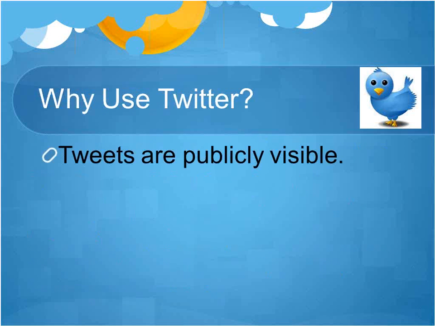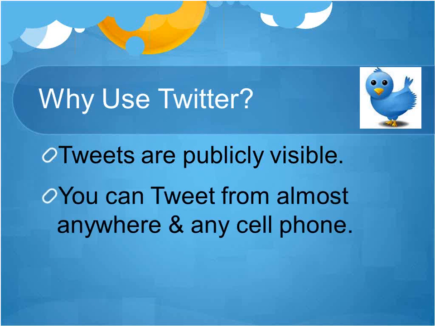Why use Twitter? Online, your tweets are indexed by search engines. They're publicly visible. There's search tools within Twitter that people can use to search for topics like what you're tweeting. You can tweet from almost anywhere and from almost any cell phone, so it's very convenient.